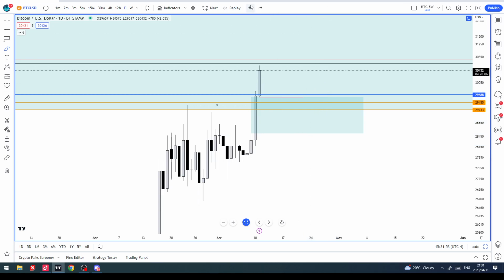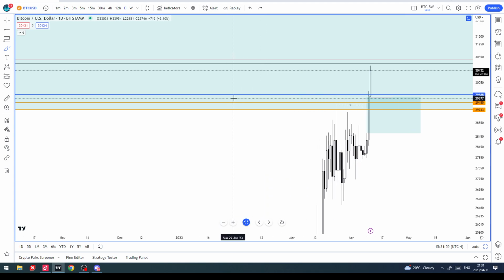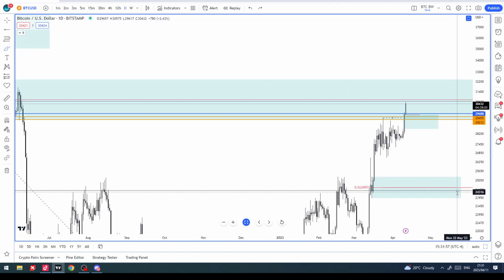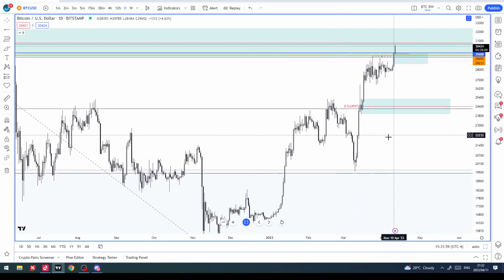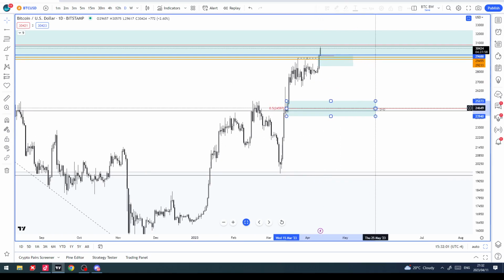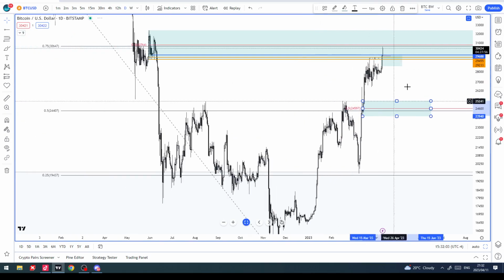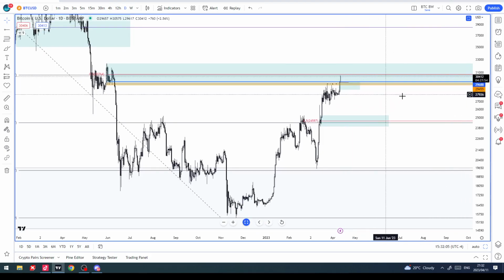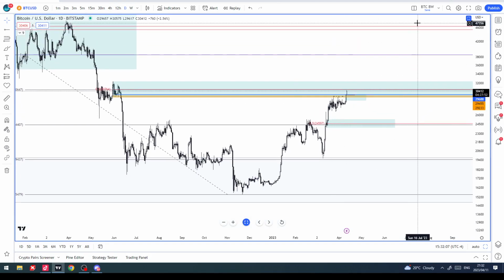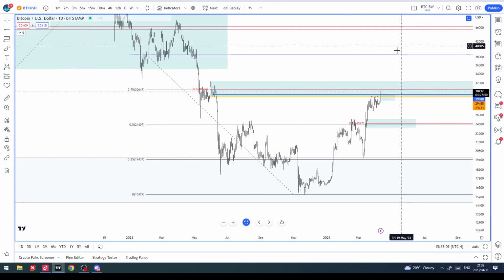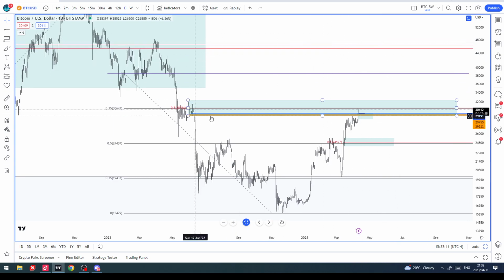Not sure if we get an opportunity on a retrace, but we'll look to see how we can potentially get back down to this order block sitting here at 25k, and then a possibility of pushing it back up to 46k, right? Or even 38k on a monthly level.